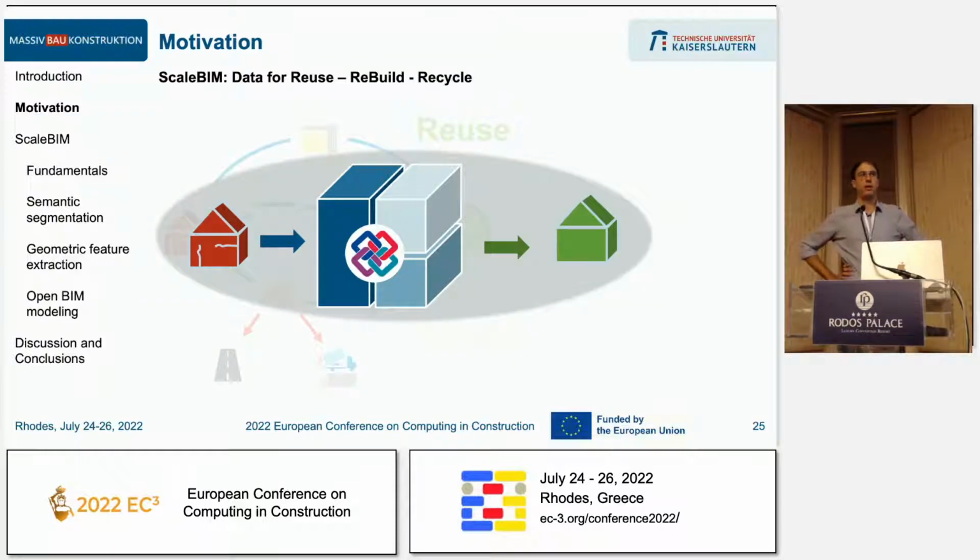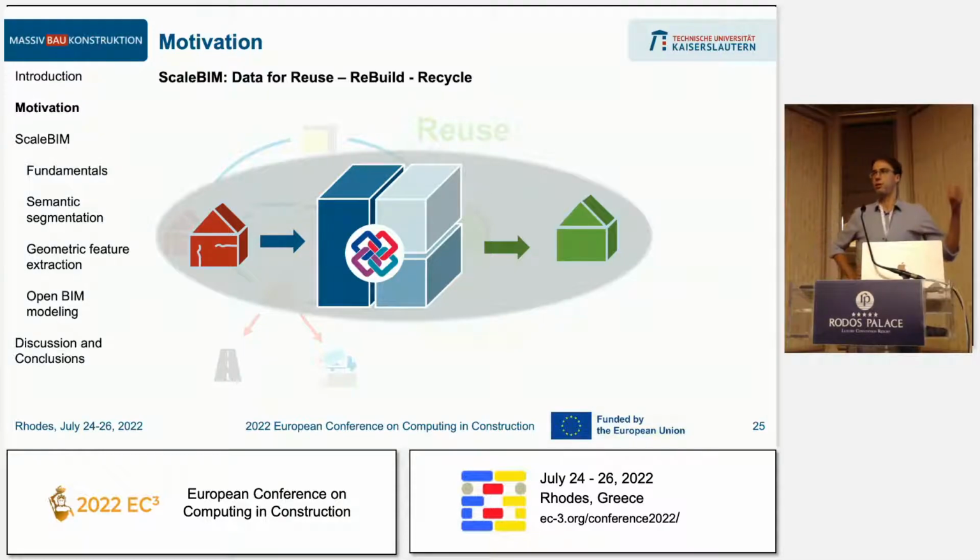To allow for these three processes or workflows or options, it is important to have data and information about existing structures. So if you think about reusing an existing building, it's good to know what floor area is in this building, what heights, what elements, to assess what else can be done in this building.